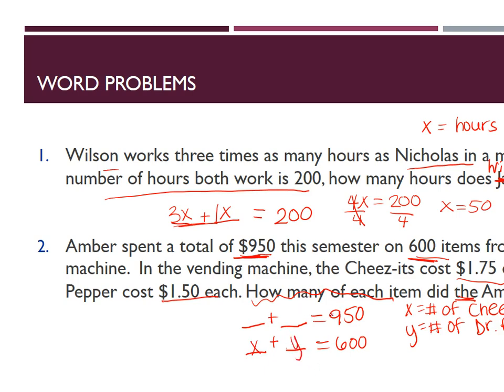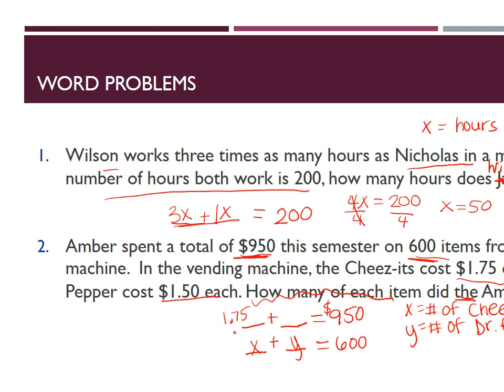Now the 950, notice that was money. So the entire equation then is going to be about money. So you're going to look for all the information about money, basically. So remember, $950 is made up of how much Amber spent on Cheez-Its and how much she spent on Dr. Pepper. So she spent $1.75 on Cheez-Its, but it was $1.75 times however many Cheez-Its she bought, right?